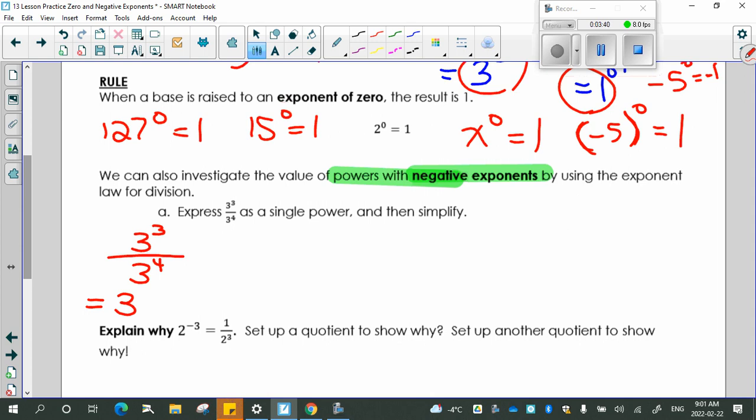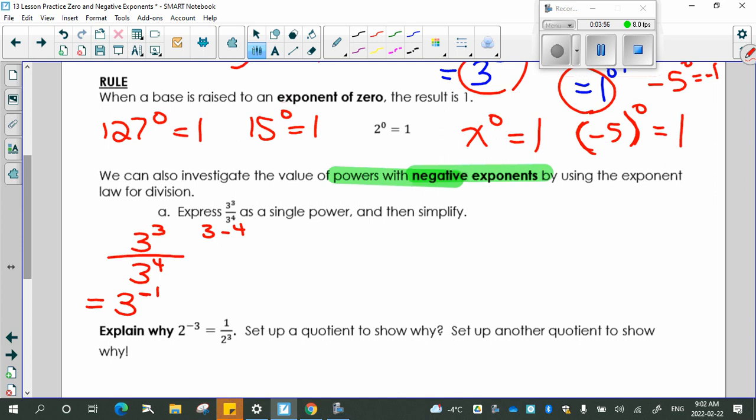Now your brain is going to look at that 3 and 4 and go 1, but what is actually 3 subtract 4? Molly? Negative 1. So if we just use the exponent rule, we get 3 to the negative 1.